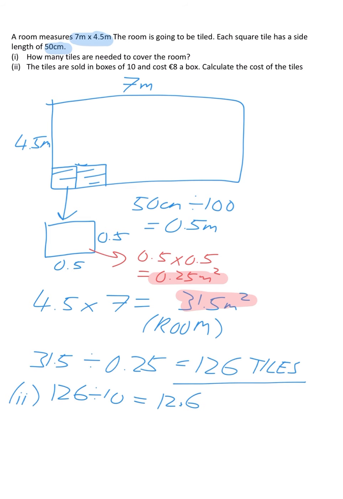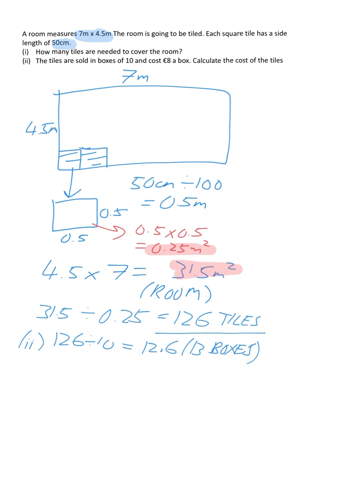Now again, you cannot get 0.6 of a box, so that means that 13 boxes are needed. And it costs €8 a box, and we have 13 boxes, so then the total cost of the tiles will be 13 times 8, and that is equal to €104.